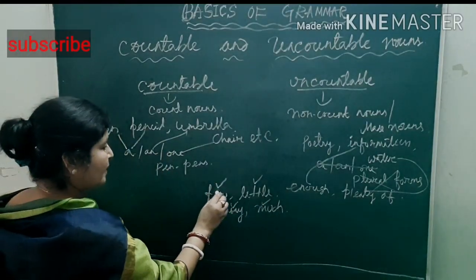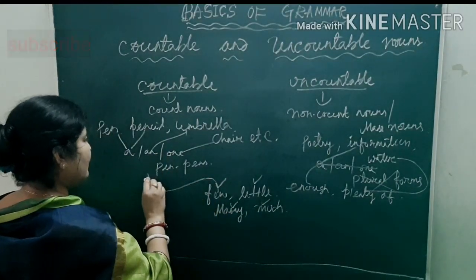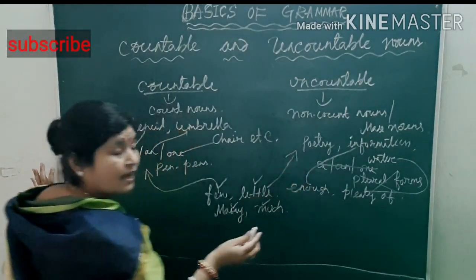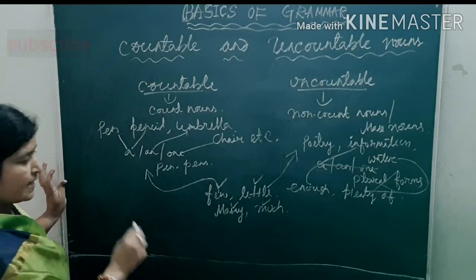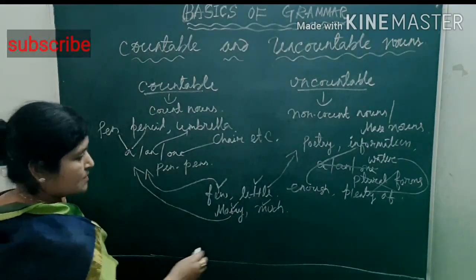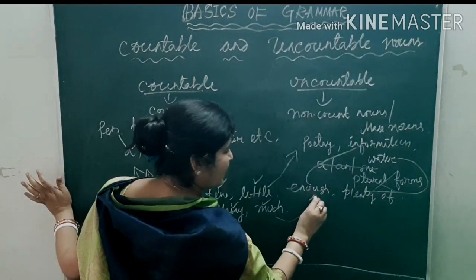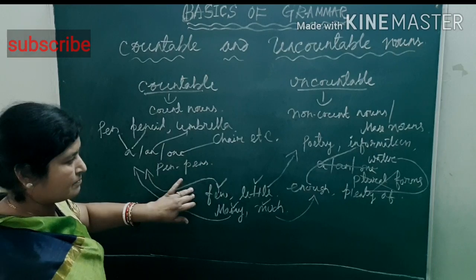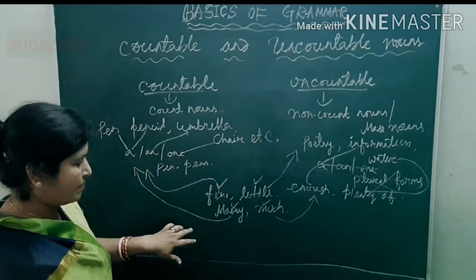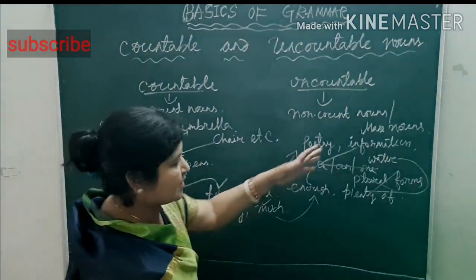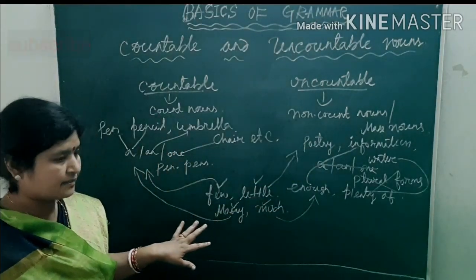Few is always used with countable nouns and little with uncountable nouns. In the same way, many is used with countable nouns and much with uncountable nouns. How? Few children, little water, many pencils, much information.